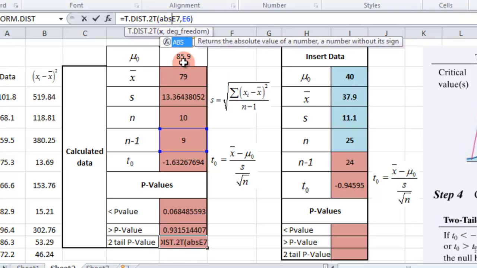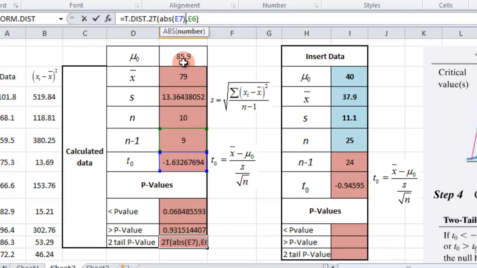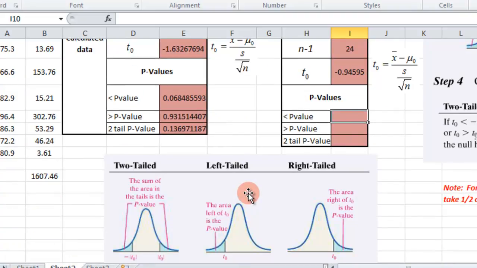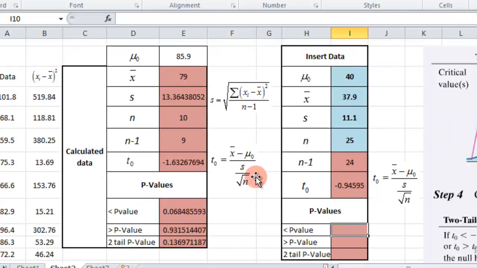So ABS of that value right there, and then hit enter. And then, because it's looking for a positive value, all it does is basically just double it. So it's basically doubled this one, but it's always looking for the positive value. And then we can just fill the values out over here using these values the same fashion, and it would be complete for inserting your own data or having data collected this way. So that's how you complete hypothesis testing for a population mean.